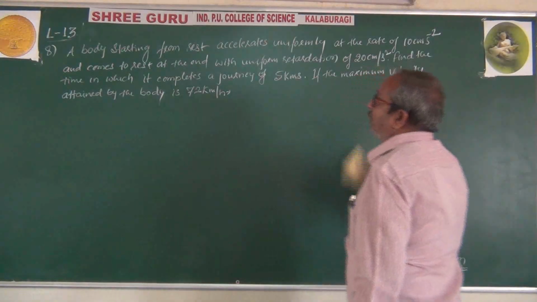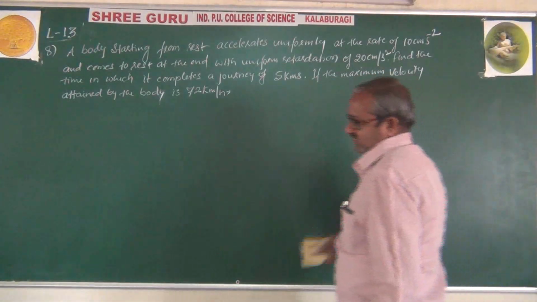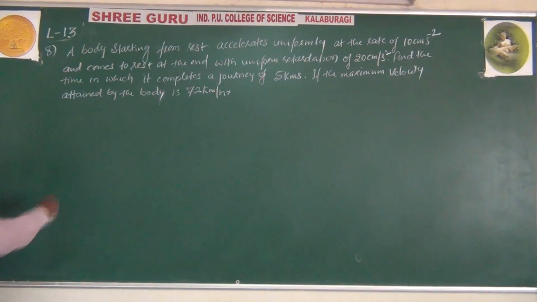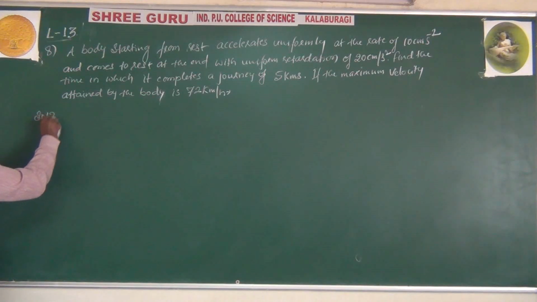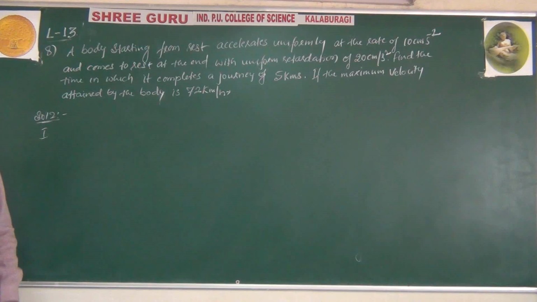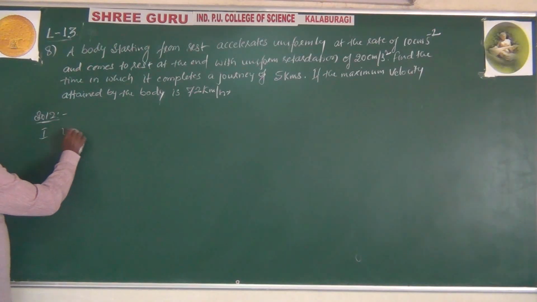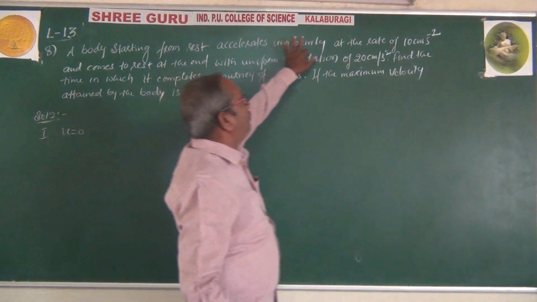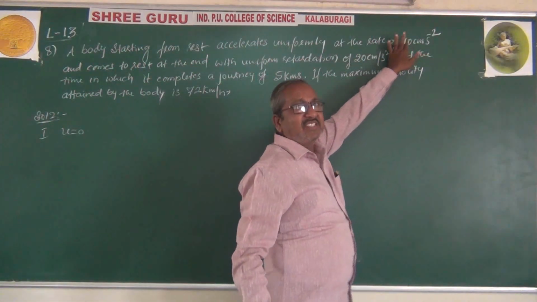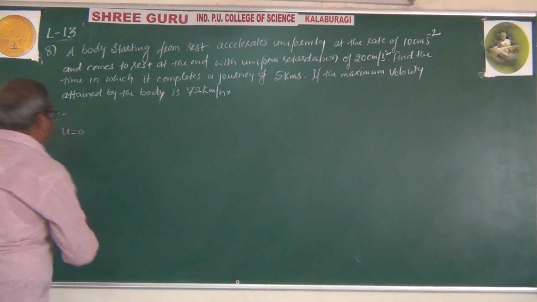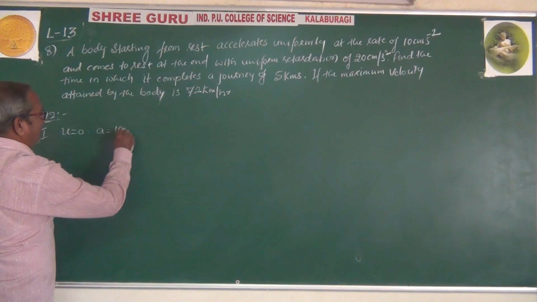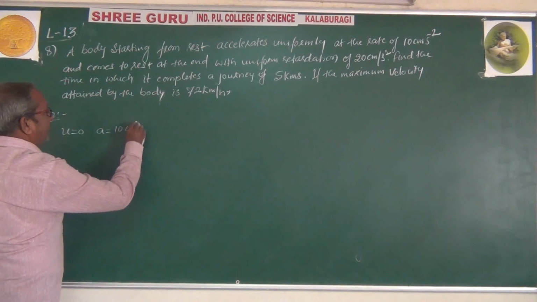So look here, a body starting from rest. Initial velocity is 0. First case, initial velocity is 0. Starting from rest means u equal to 0. Starting from rest and accelerates uniformly at the rate of 10 centimeter per second square. Acceleration a equals 10 centimeter per second square.